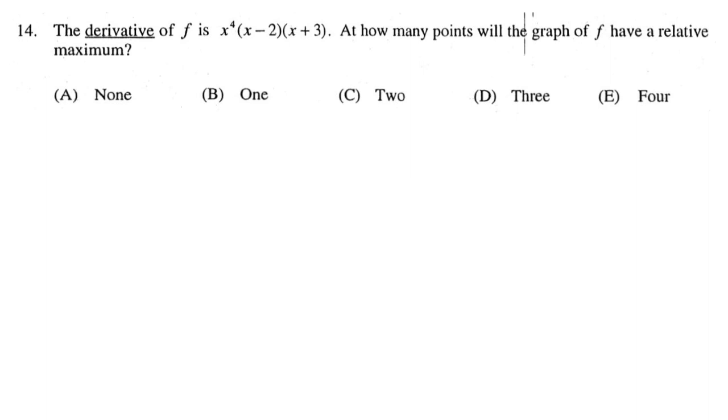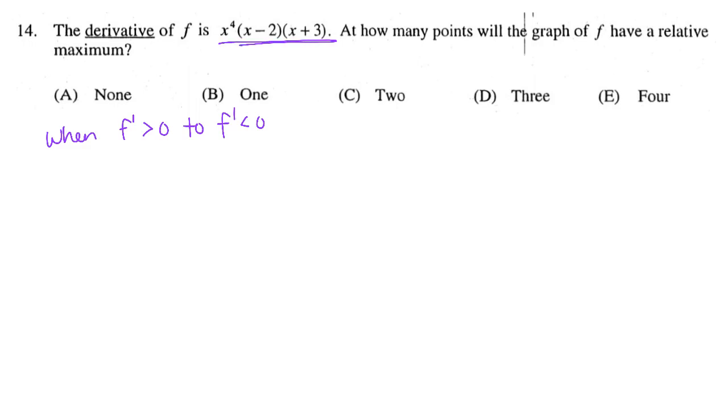Okay, for this problem, we're given the derivative of f, and we want to know how many relative maximums f has. So f would have relative maximums when f prime changes from a positive to a negative value.